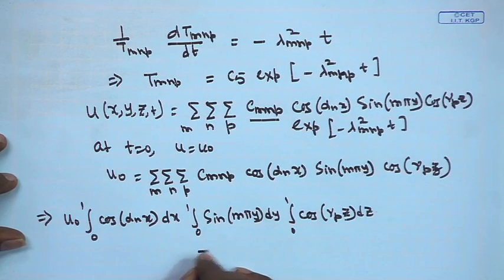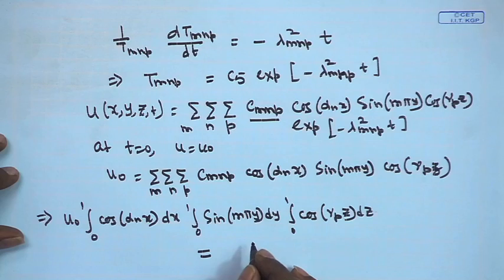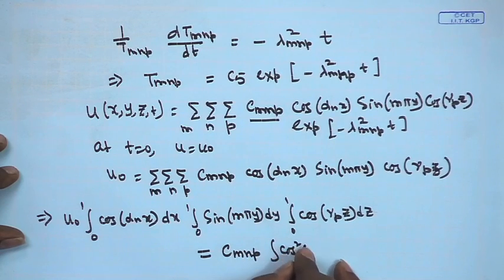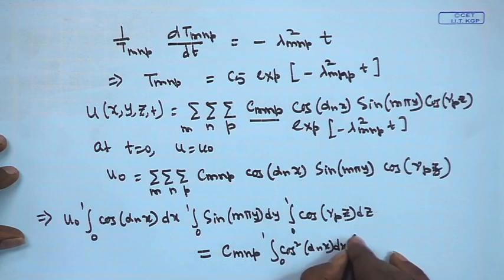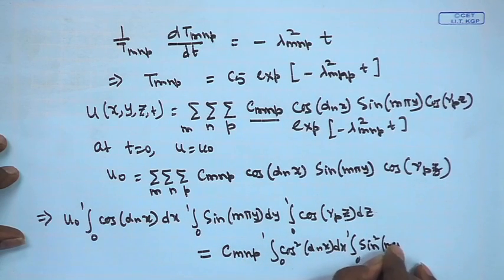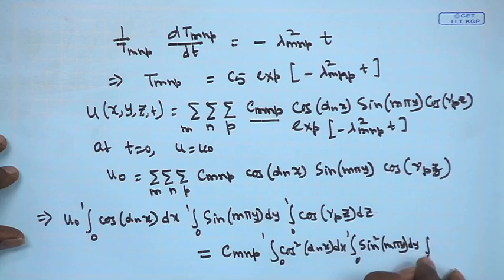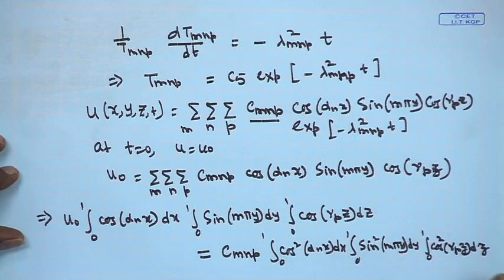In the right hand side, when you open up the summation series, all the terms will vanish because of the orthogonal property of the eigenfunctions. Only one term will survive, it will be C m n p times the integral of cos square alpha n x dx from 0 to 1, sin square m pi y dy and 0 to 1 cos square gamma p z dz.